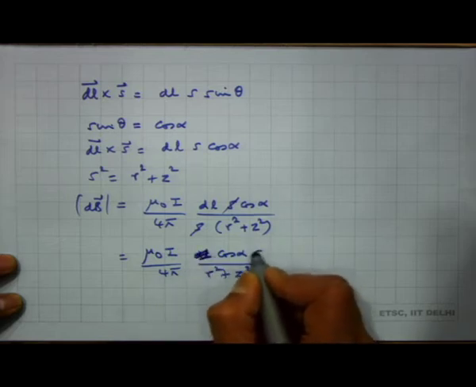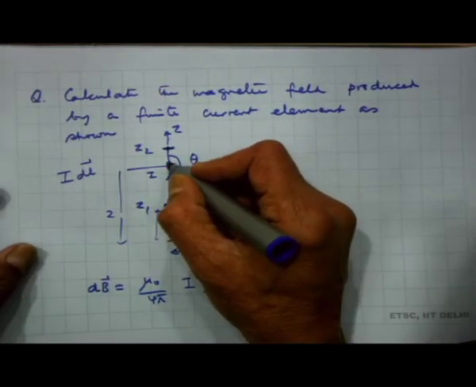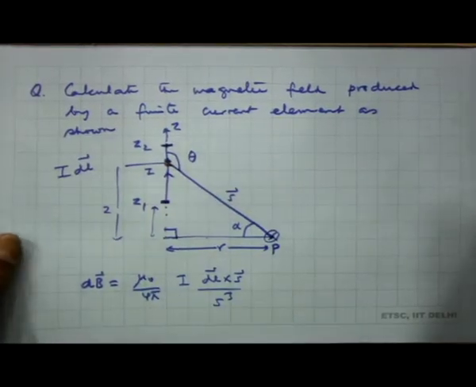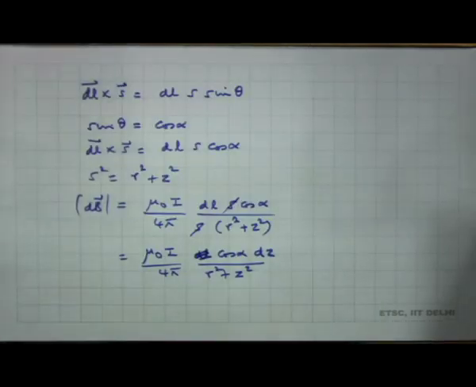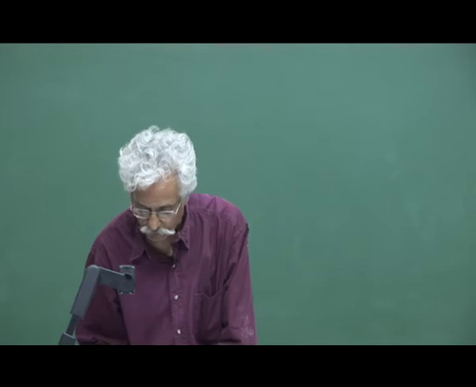and dl is nothing but, let me write it as dz, because dl is a small current element along the z direction. So, I replace dl by dz. So, the total magnetic field will be obtained by integrating this vector.